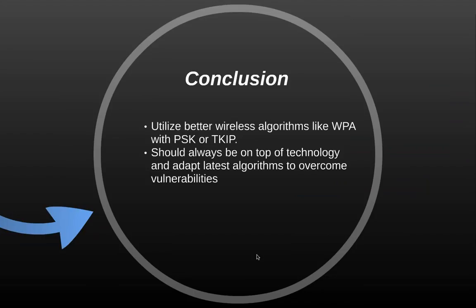Coming back to WEP, the conclusion is that WEP has become old. It was developed in 2004 and became obsolete to a point where the FBI conducted a session exclusively to crack WEP passwords.